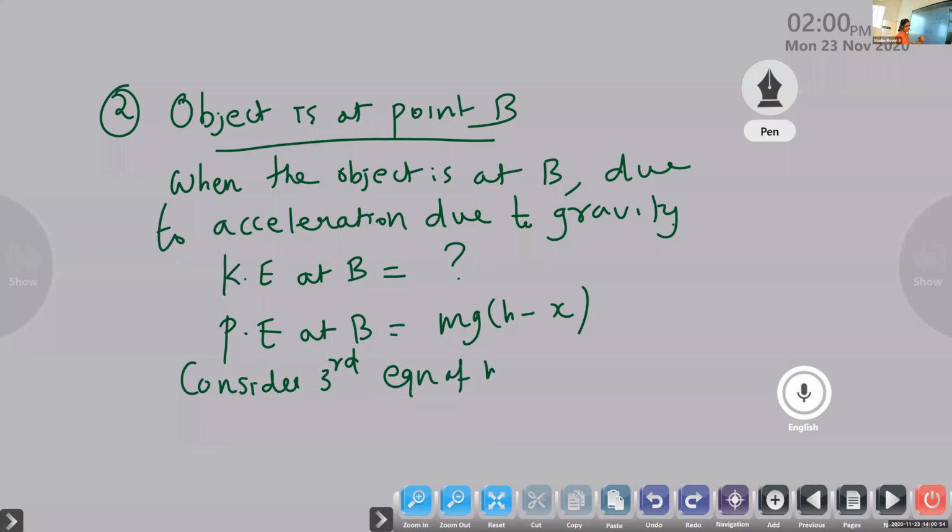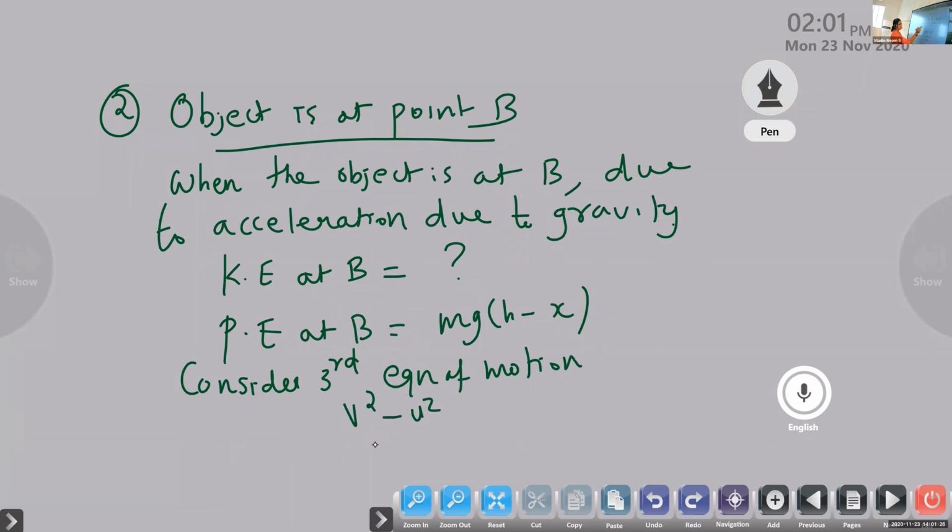What is the third equation of motion? The velocity-position relation. What is that equation, children? v squared minus u squared is equal to 2as. Velocity-position relation, third equation of motion, v squared minus u squared equals 2as. That is what you have to consider.